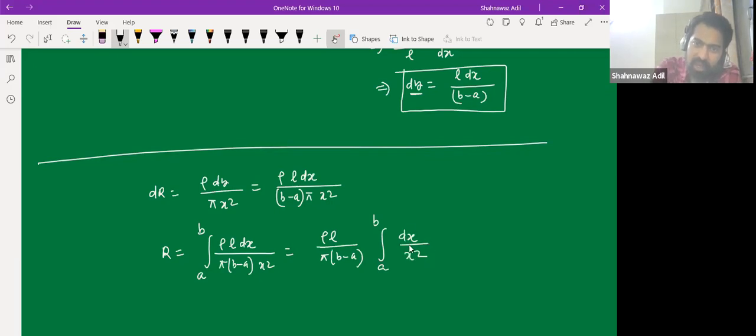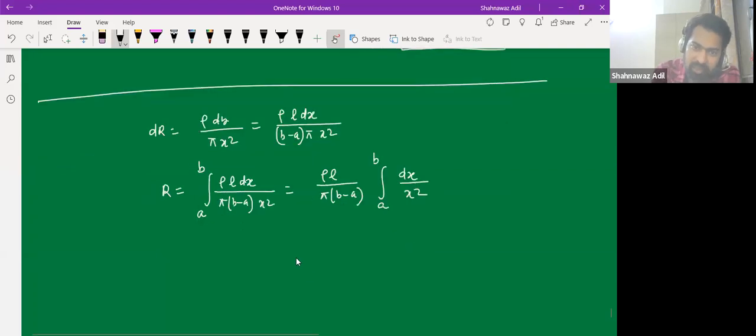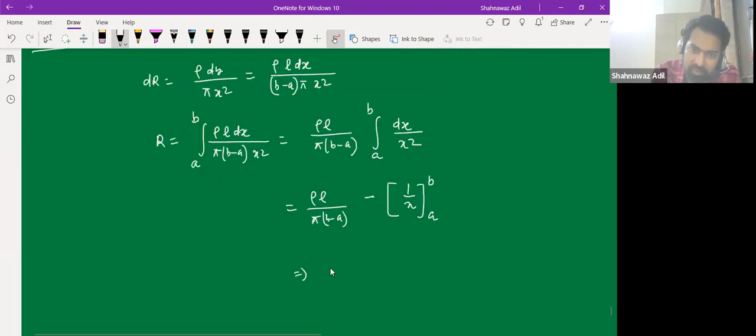As you have come across this result, this is rho L by pi (b minus a) times minus of 1 by x. Then this would be rho L by pi (b minus a) times minus of (1 by b minus 1 by a).